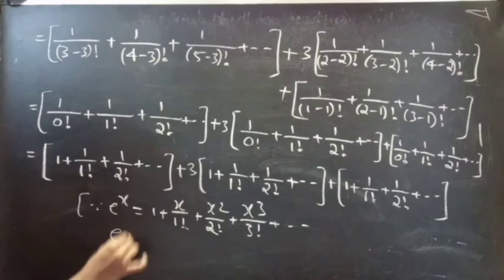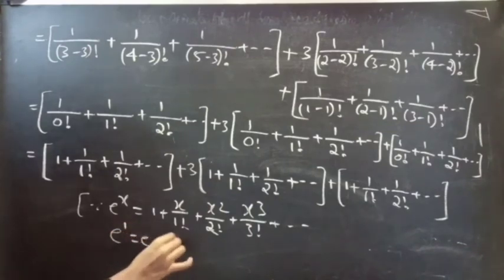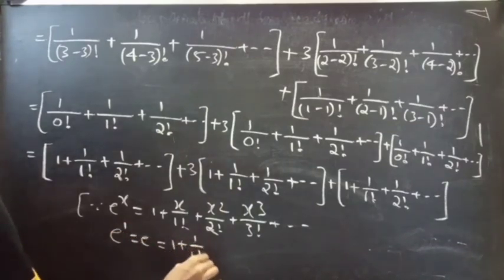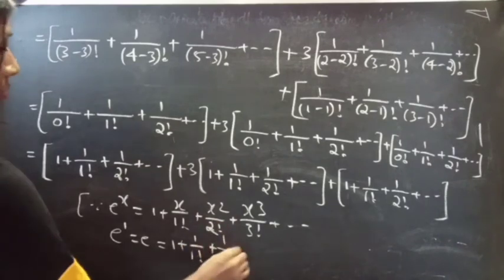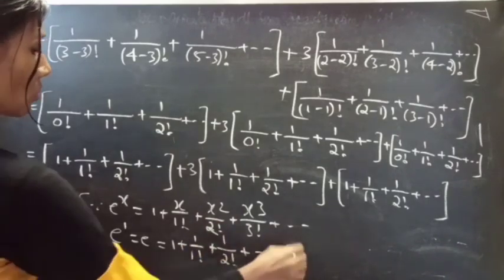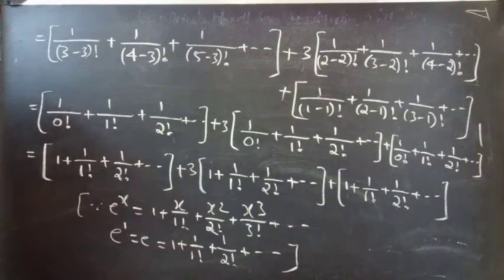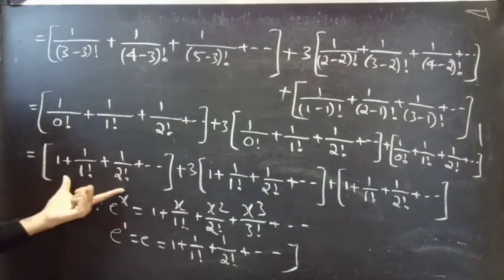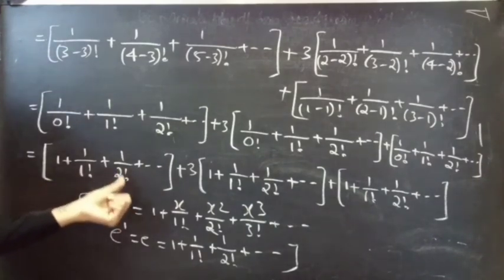If you put x equals to 1, you'll get e power 1, which is e, equals to 1 plus 1 by 1 factorial plus 1 square by 2 factorial plus so on. See, here you are having 1 plus 1 by 1 factorial plus 1 by 2 factorial plus so on.